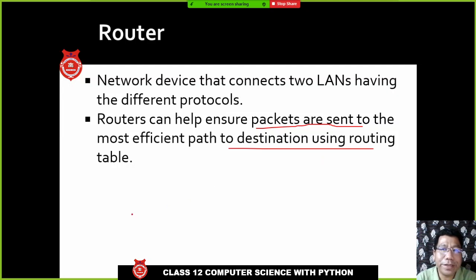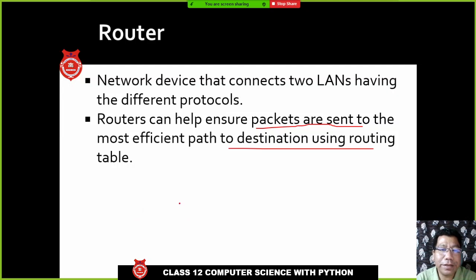When you are sending some photos to your friend who is living in the USA, let us say, your photos may be divided into different packages. One package may go to Kolkata, another package may go to Mumbai directly, or another package may go to Delhi or something like that. So each package will go to the best possible route at that time.